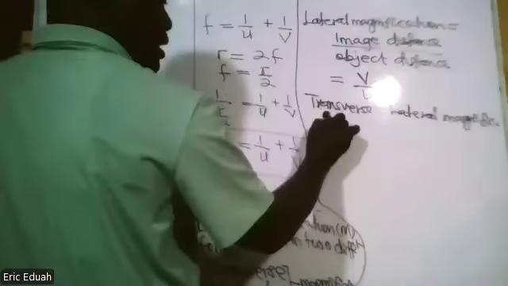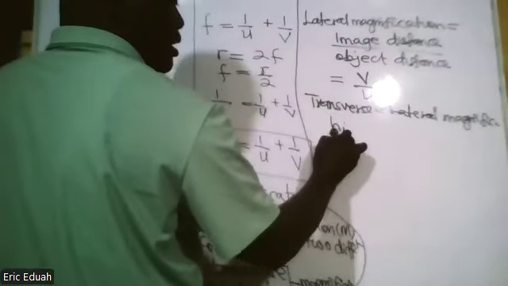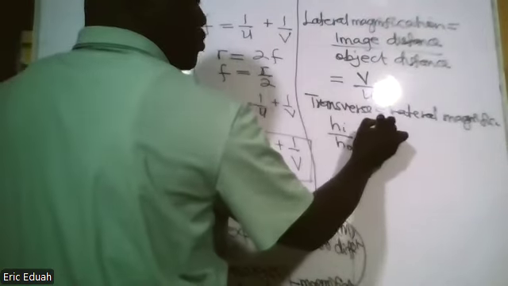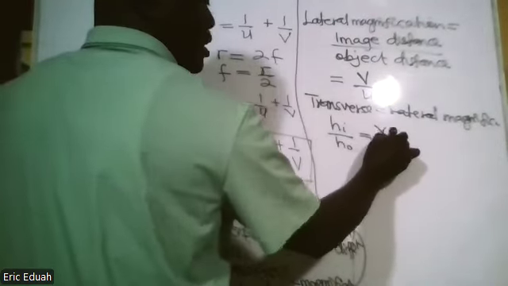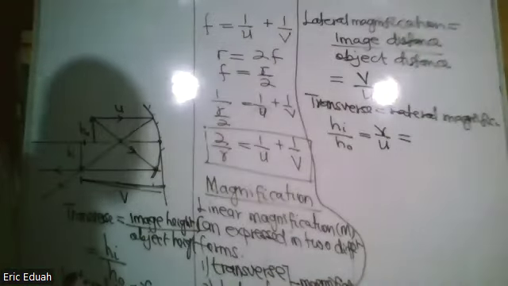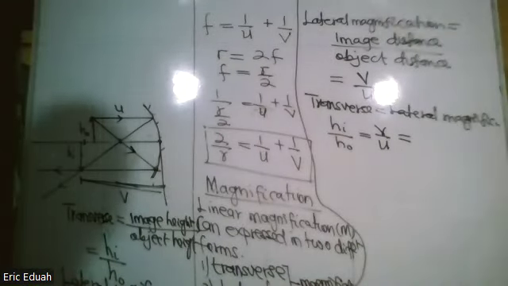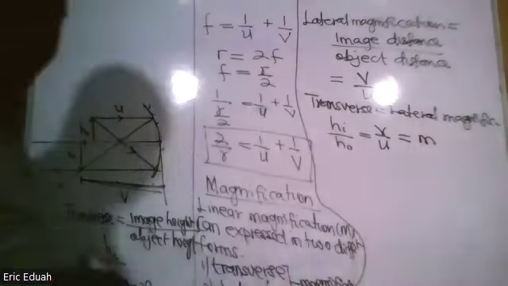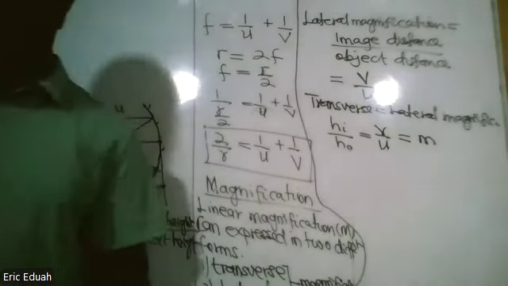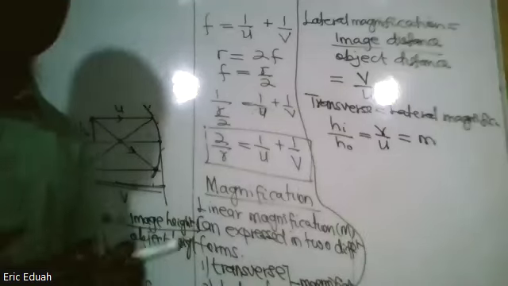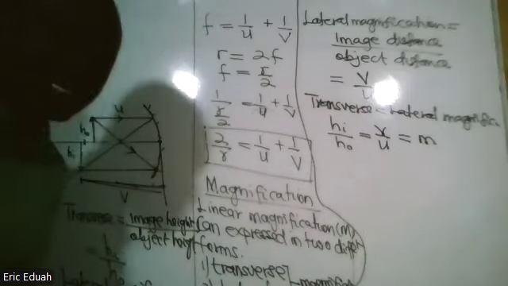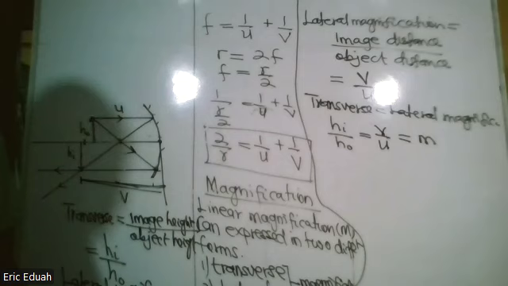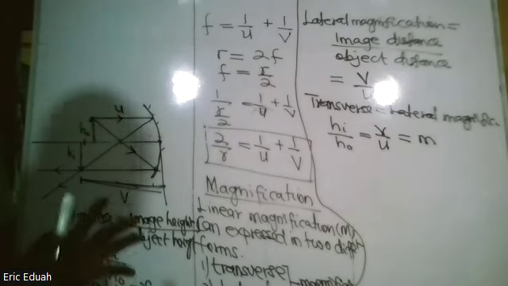And so HI on H naught is equal to V on U. And this is equal to what we are terming as linear magnification M, small letter m. And so linear magnification can be expressed as transverse magnification or lateral magnification.